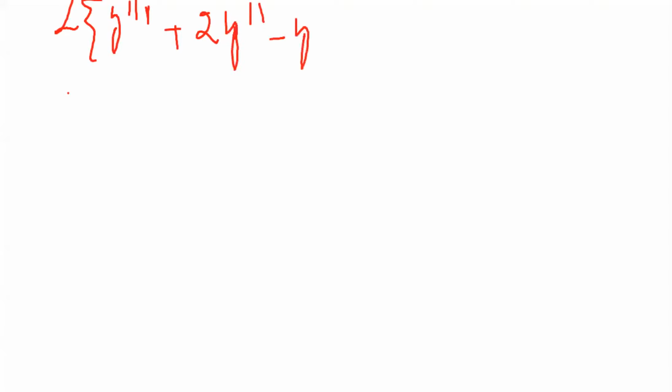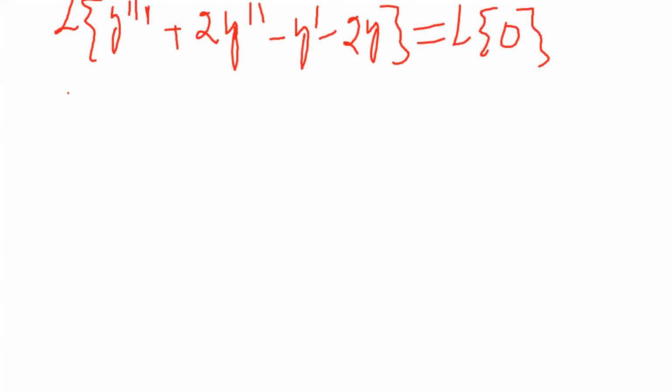So taking this problem, first we have to apply a Laplace transform to the given differential equation: L of y triple dash plus 2 into L of y double dash minus L of y dash minus 2 L of y equal to L of 0. Clearly, the left hand side, applying the first step, it is the linearity property.